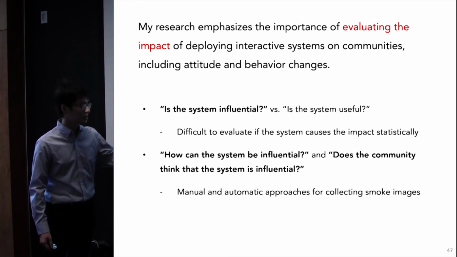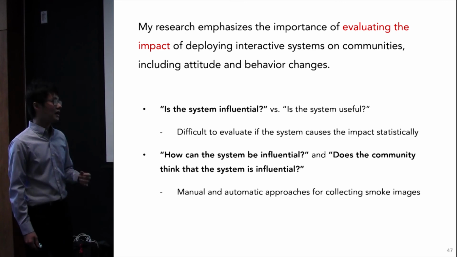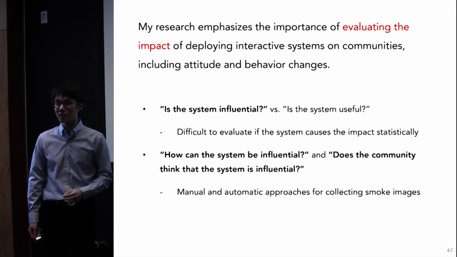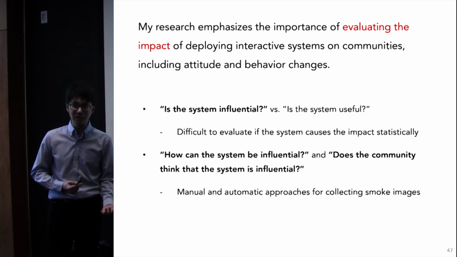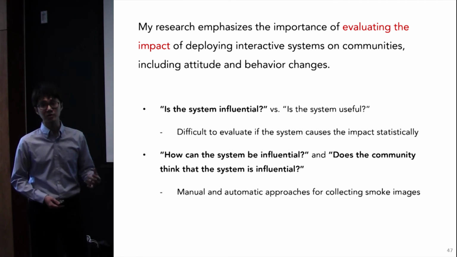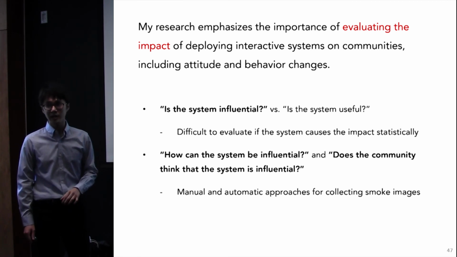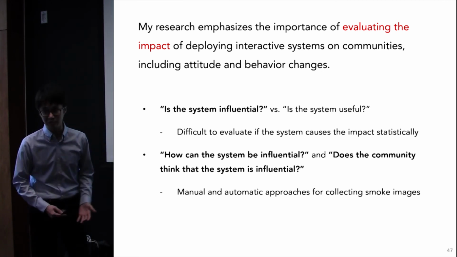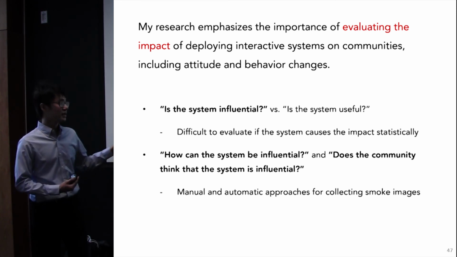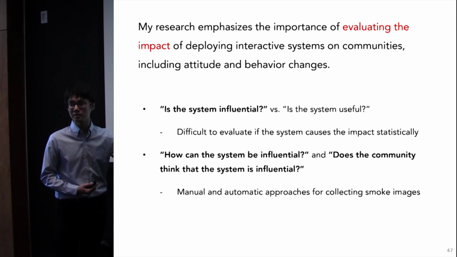In the air quality monitoring project, I found that both manual and automatic approaches are important. So I won't recommend automating everything, because it is important for people to actually participate in the project and use the system to generate images to see the complexity in the problem. And then later on we can automate this for them.